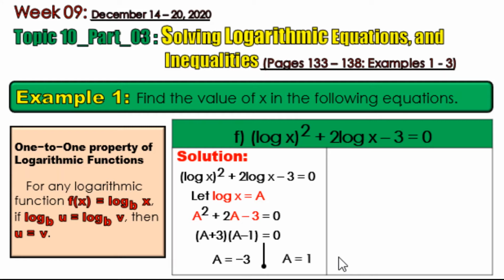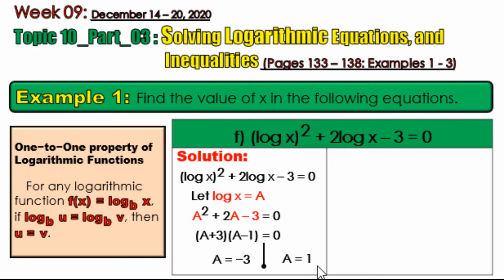For the second factor, a minus 1 equals 0, so the negative 1 becomes positive 1, applying the addition property of equality. So for letter F, we have two values of a: negative 3 and positive 1.